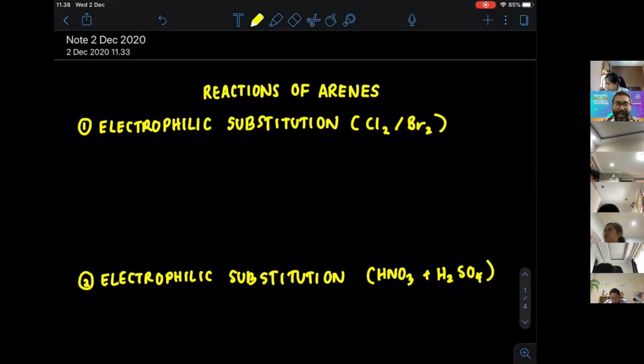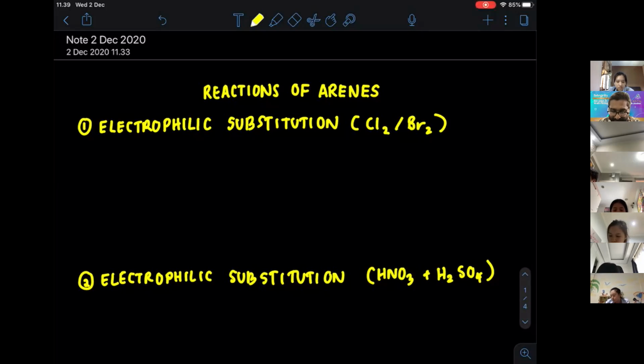Electrophiles are electron-loving species, and they are electron deficient, so they want electrons. When we react them with benzene, there is going to be a substitution reaction, so we call it electrophilic substitution.